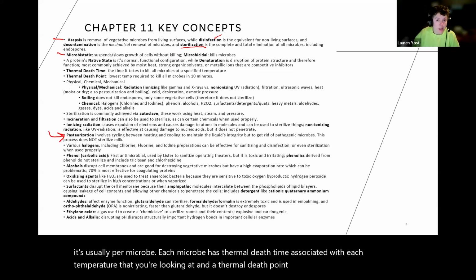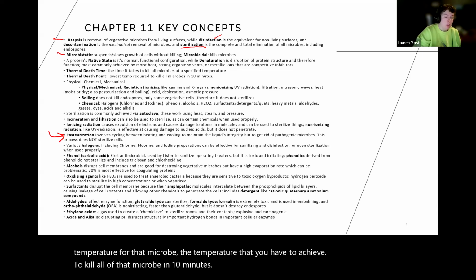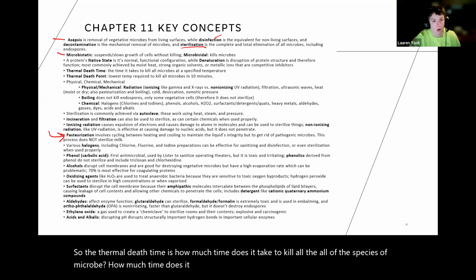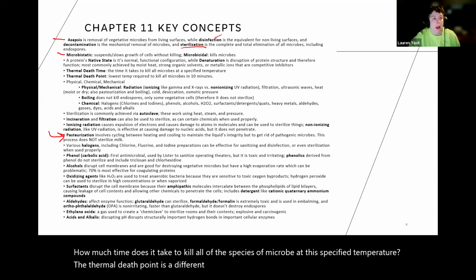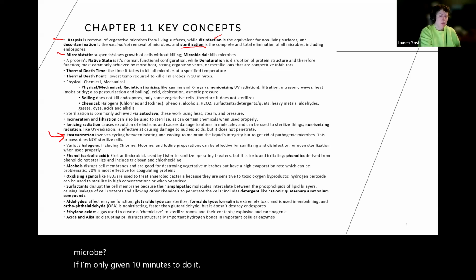The thermal death point is the temperature you have to achieve to kill all of that microbe in 10 minutes. So the thermal death time is how much time it takes to kill all of this species of microbe at a specified temperature. The thermal death point is a different thing. This is at what temperature can I kill all of this microbe if I'm only given 10 minutes to do it? And so they're different things.